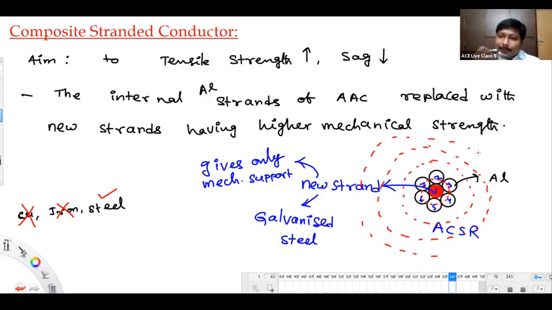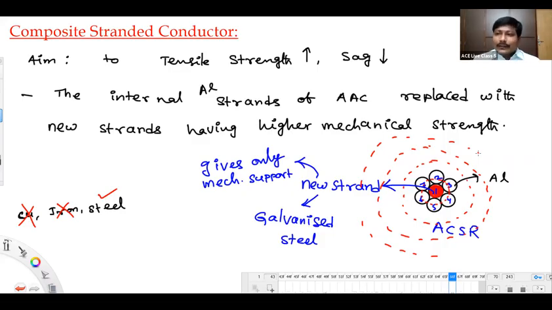Like that, the number of strands will increase as the number of layers increases, such that the overall shape of the conductor is circular and each strand has identical size.